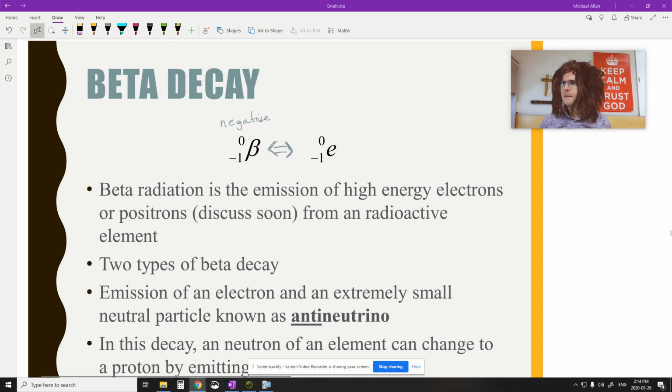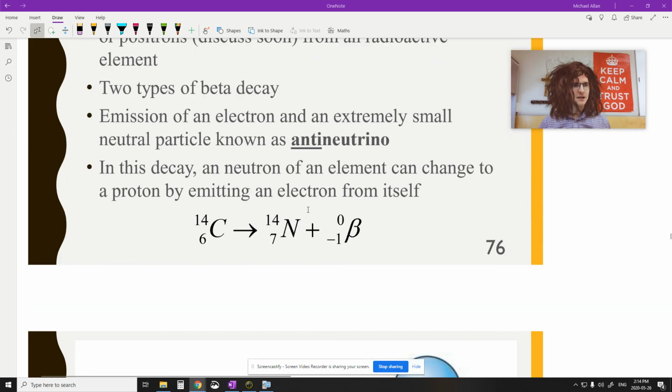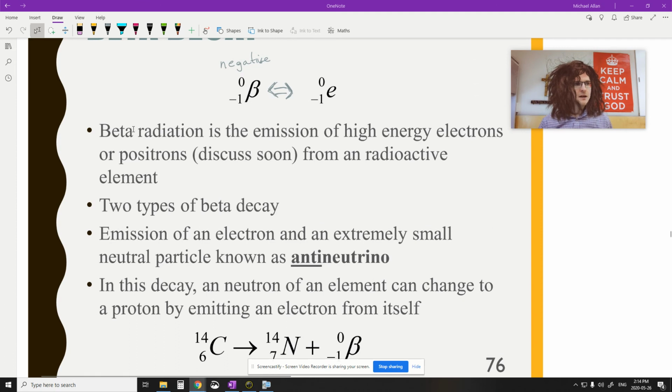Now, beta decay is a very complex process if you think about what's actually happening. There's a little picture down here, but it's just the emission of a high-speed electron.